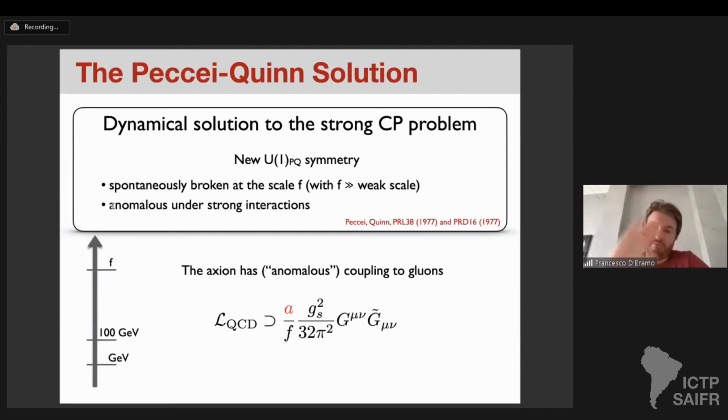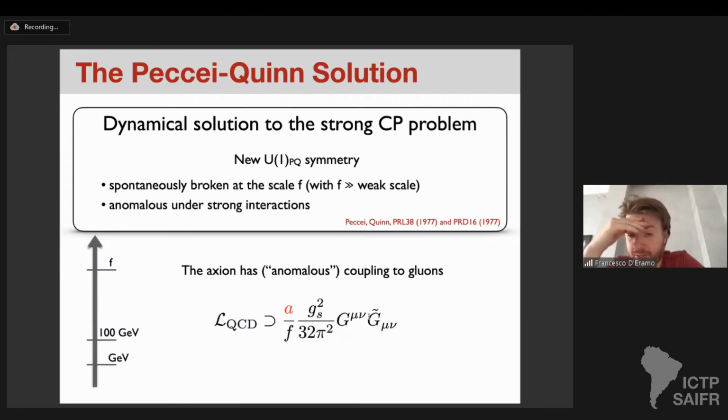So let's not go too deep into the anomalies. Let me just tell you that this axion, this Nambu-Goldstone boson associated with the spontaneously broken symmetry at the scale f, gets this type of coupling with the gluons, where this is G and this is G dual. G dual is the dual field strength tensor.